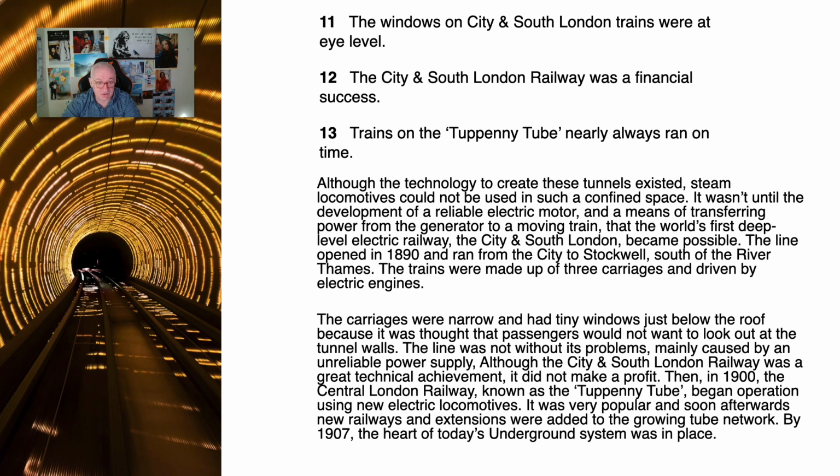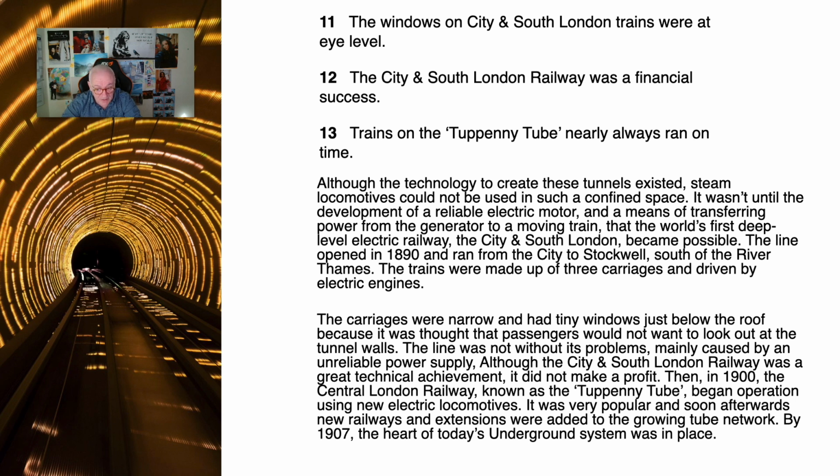And our last question is that trains on the Twopenny Tube nearly always ran on time. I'm going to be looking for Twopenny Tube, that's right. And we'll see it at the bottom half of the second paragraph. The question that we're going to be asking: did the trains on the Twopenny Tube always run on time?